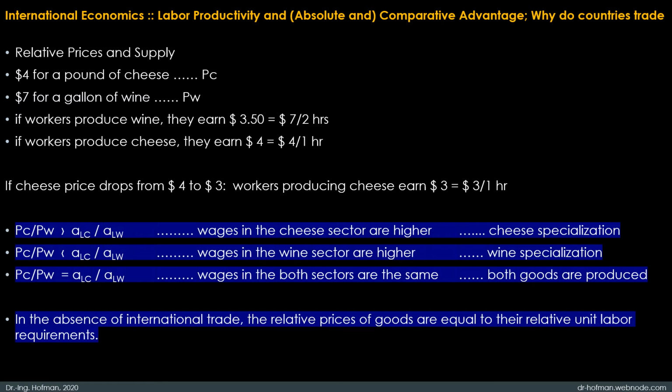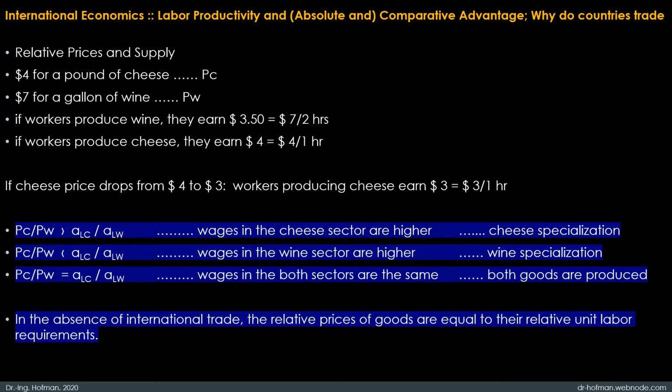Suppose once again that it takes 1 hour of labor to produce a pound of cheese and 2 hours to produce a gallon of wine. Now suppose further that cheese sells for $4 a pound, while wine sells for $7 a gallon. What will workers produce? Well, if they produce cheese, they can earn $4 an hour.